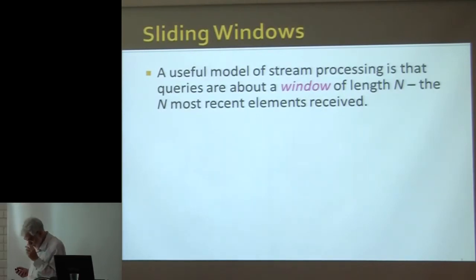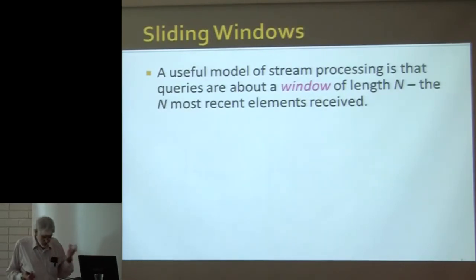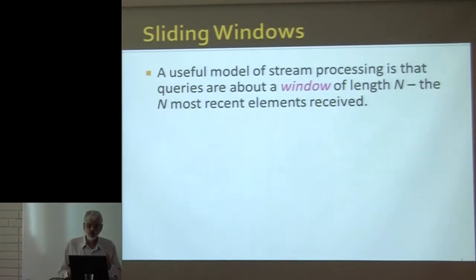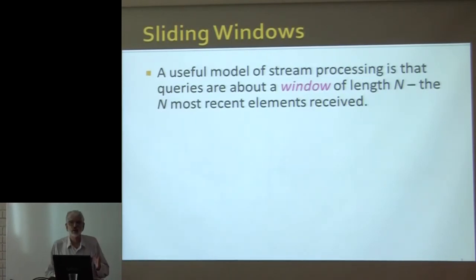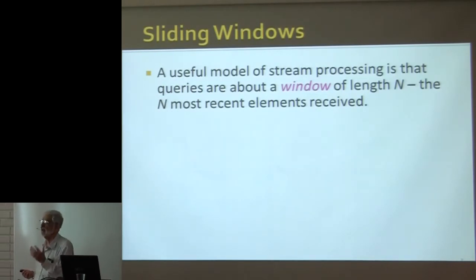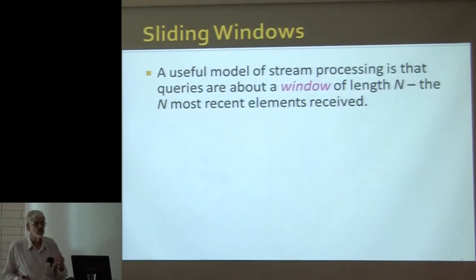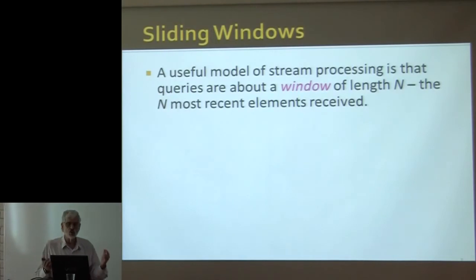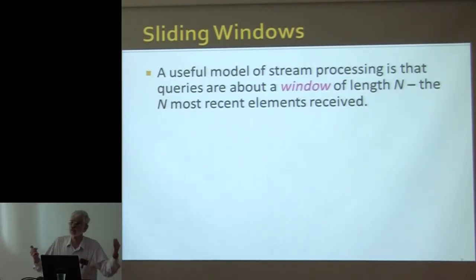And so, people who study these things have pretty much convinced themselves that the only sensible way to ask most queries about a stream is to imagine that you have a window. Typically, it's got a fixed length. That is, you ask something about the last n inputs on a stream.